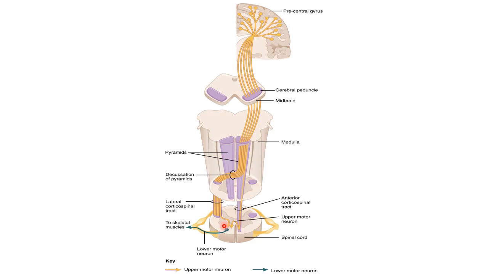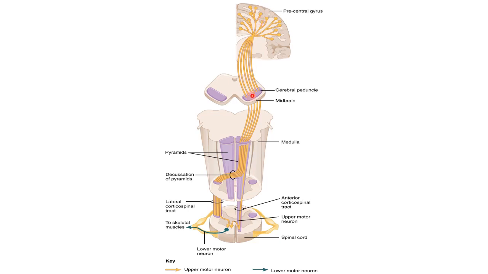Okay, a few words you need to know about what are called upper and lower motor neurons. These two terms are clinical terms, very important in clinical practice. So you need to know where the upper motor neurons and the lower motor neurons are.